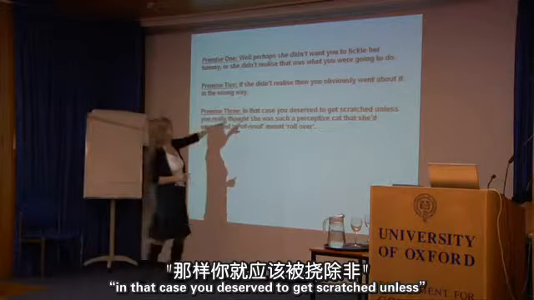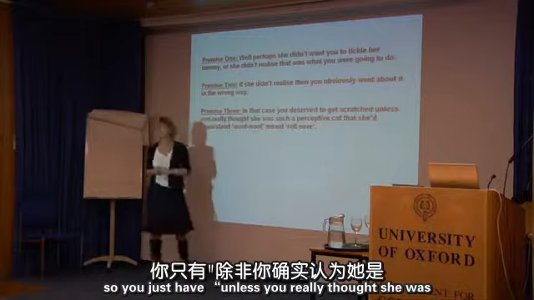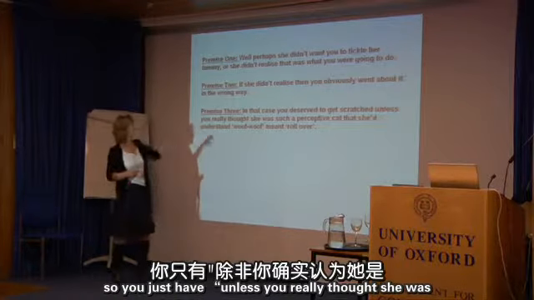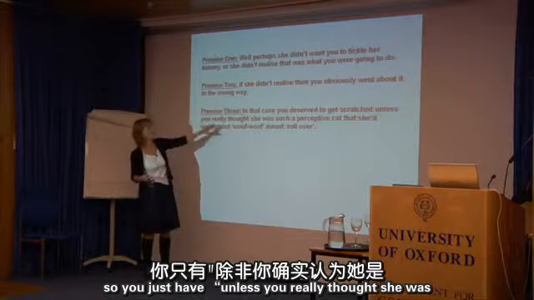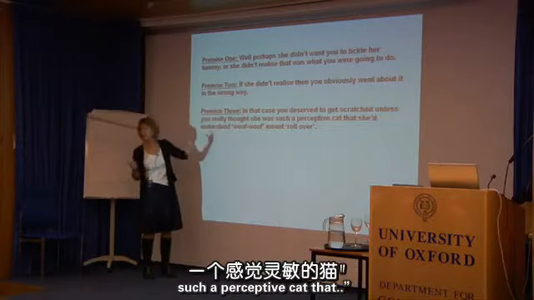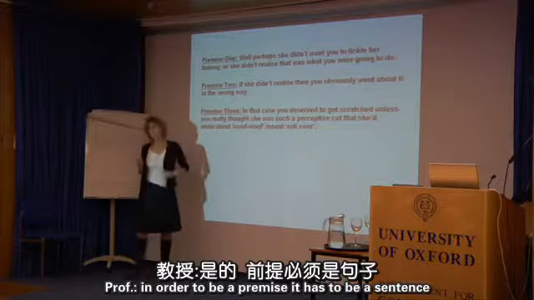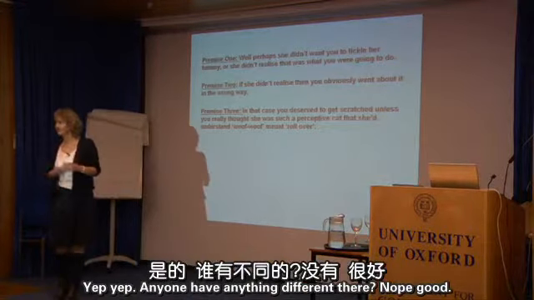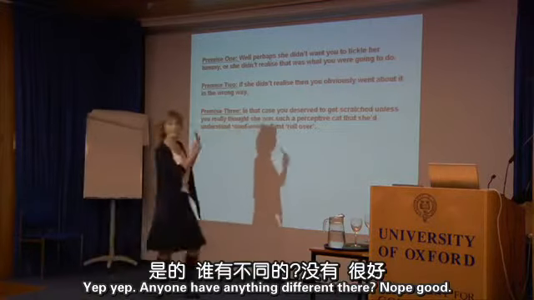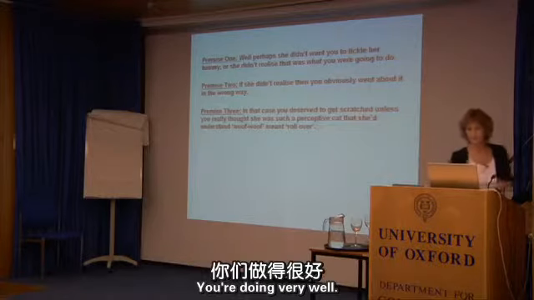If you just have "unless you really thought she was such a perceptive cat," that's not even a sentence. In order to be a premise, it has to be a sentence. It might be a complex sentence, but it has to be a sentence. Anyone have anything different there? No? Good. You're doing very well.